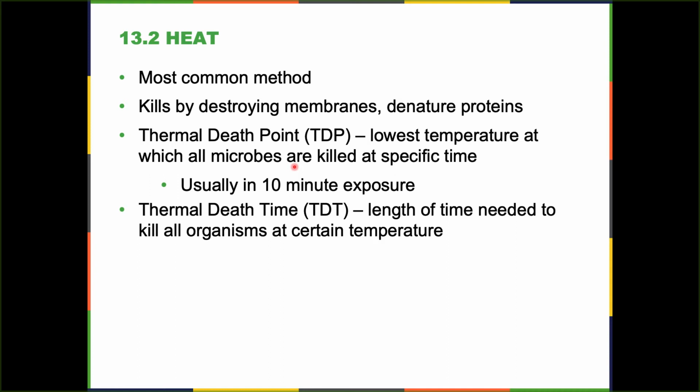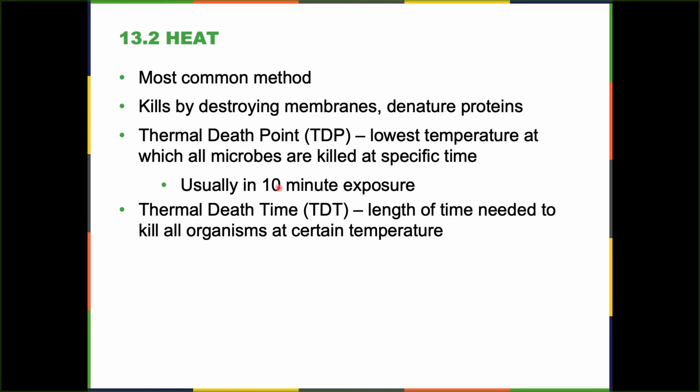We can then define a microbial culture or a population based on two types of measurements: thermal death points and thermal death times, right? So a thermal death point implies that we're going to keep the same length of time and increase temperature. The thermal death point would be the lowest temperature at which all microbes are killed, in this case, at which all microbes are sterilized.